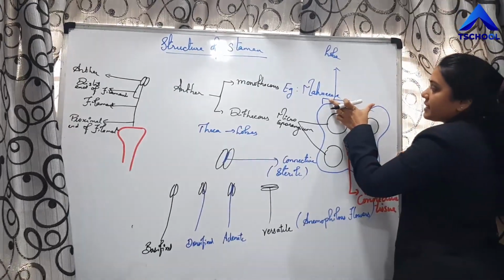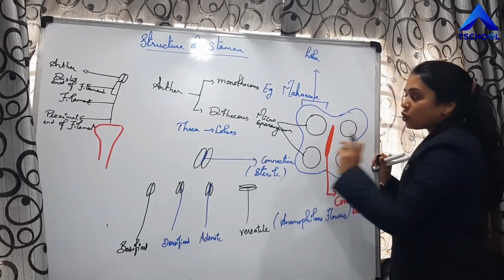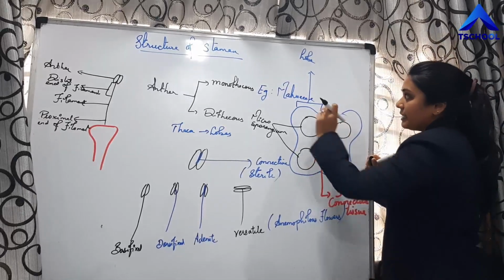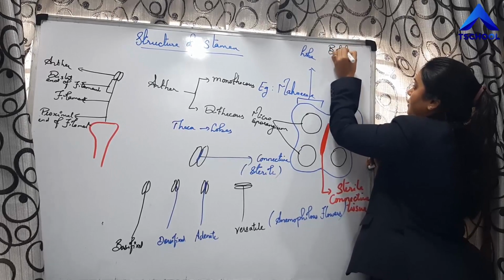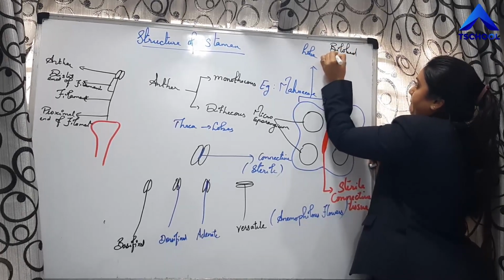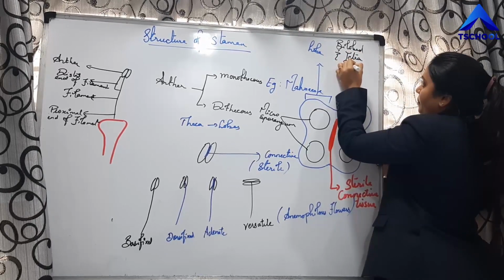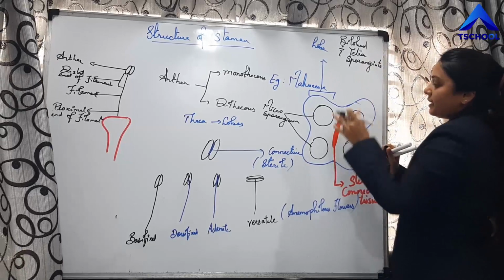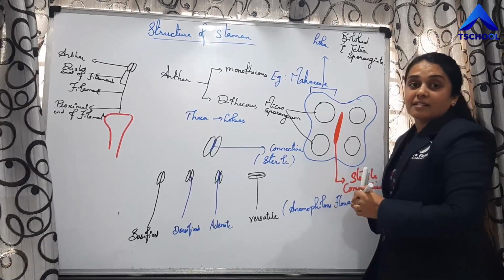So this is a bilobed anther, and it possesses in total four microsporangiums. So you can say it is bilobed and tetrasporangiate. Right? So this is the structure of a typical dithecous anther.